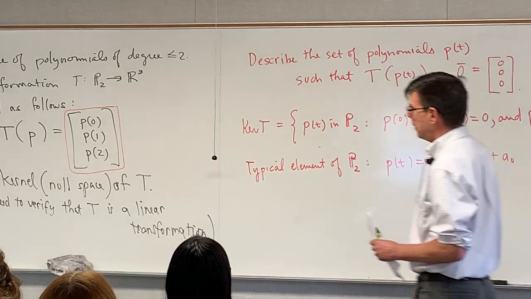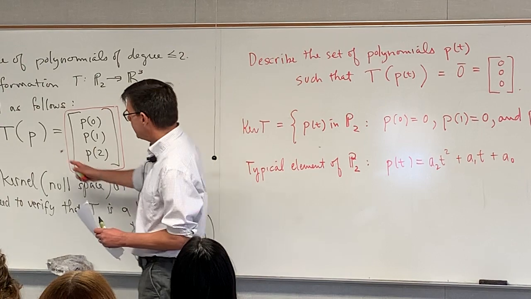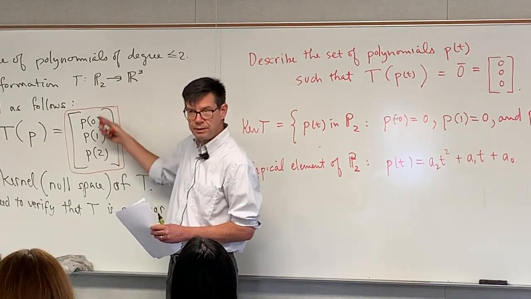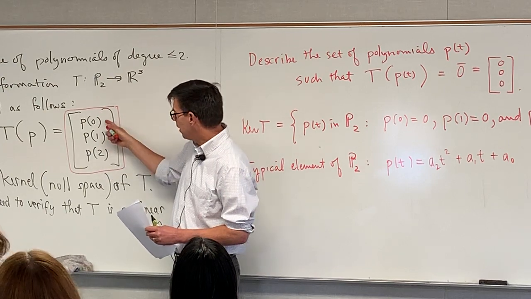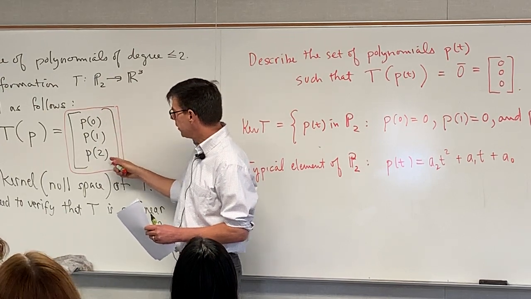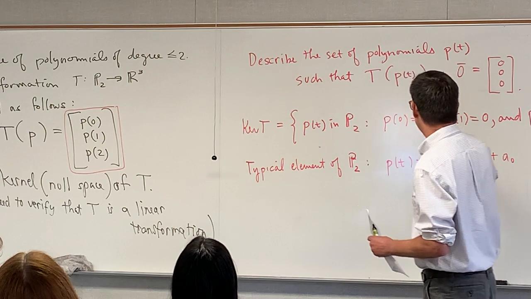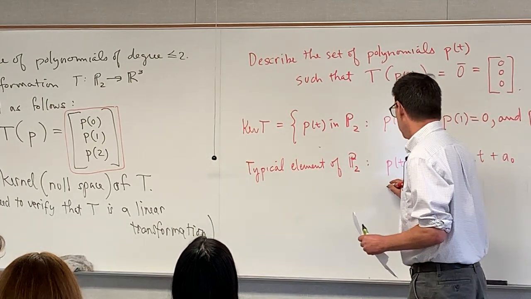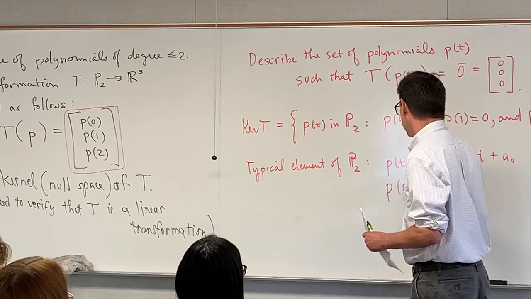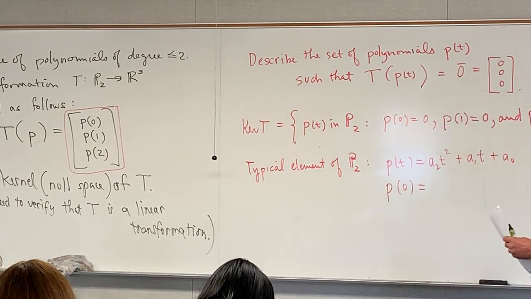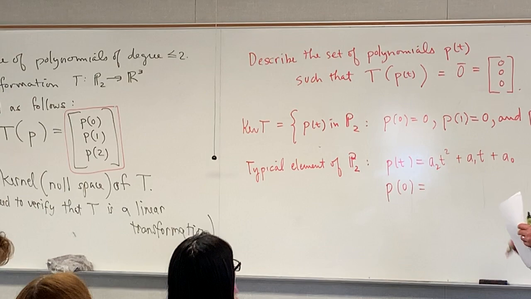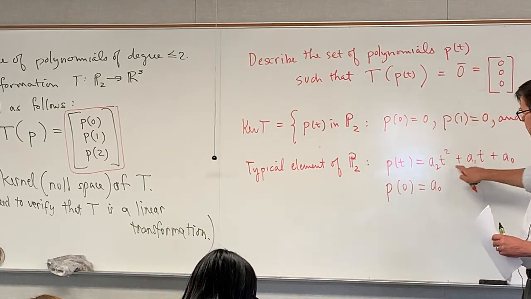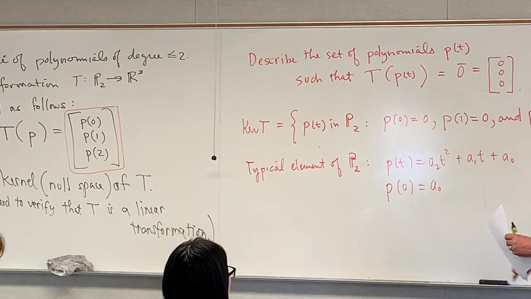So if P is in the kernel, T of P is the 0 vector. So do you see why I'm saying we're going to get 0, 0, 0? That's why I'm saying P of 0 is 0, P of 1 is 0, P of 2 is 0. P of 0 for any polynomial is what? It's got to be the constant, right? A0, because if you plug in 0 for t, you get A0.